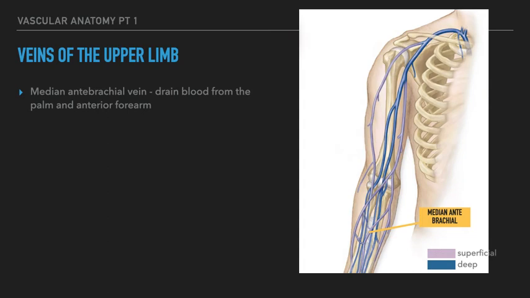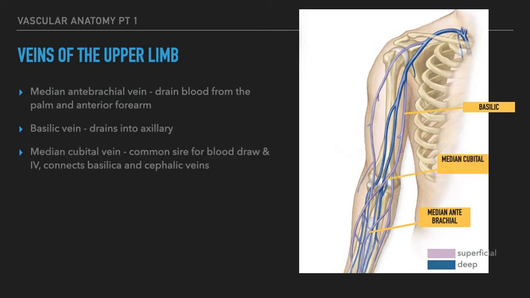The antebrachial vein runs along the forearm and drains the palm and the anterior forearm into the basilic vein. The basilic vein is a large superficial vein of the upper limb, and it runs up the ulnar side of the arm, and it drains into the axillary vein, which I'll talk about in a second.